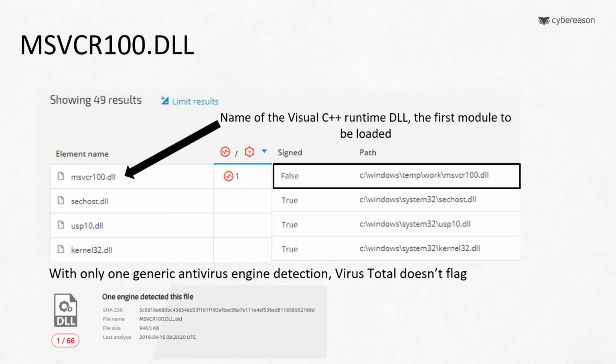And what we found out was that this file was only submitted once, not long before the attack or before we investigated this attack. And out of the 66 engines that scan files submitted to VirusTotal, only one detected it as malicious, the rest did not.